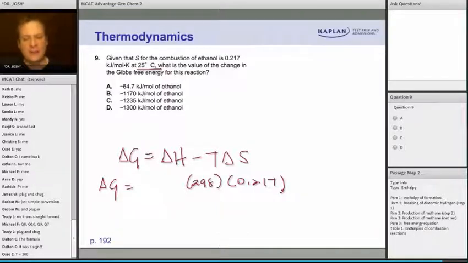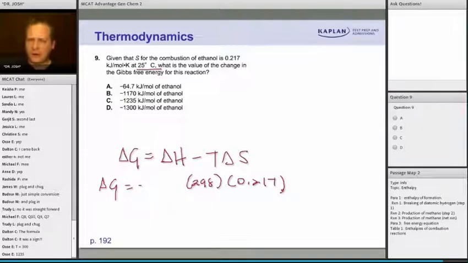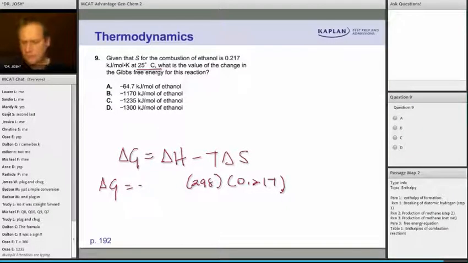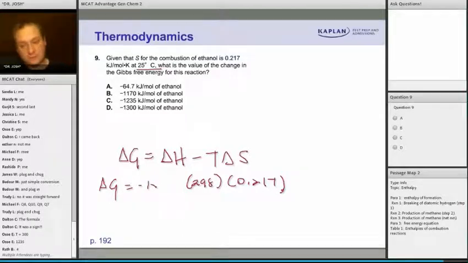We want delta G and we need delta H. So we go back to the table and we get the delta H for ethanol, which is negative 1235.4. And then we subtract that out.